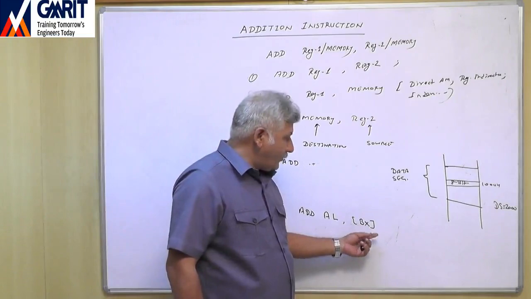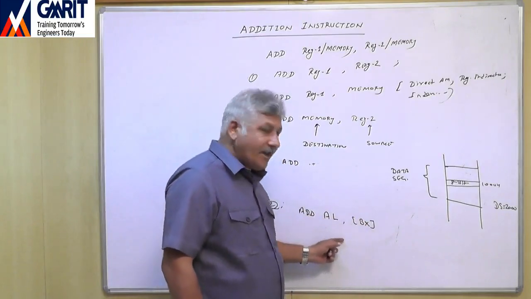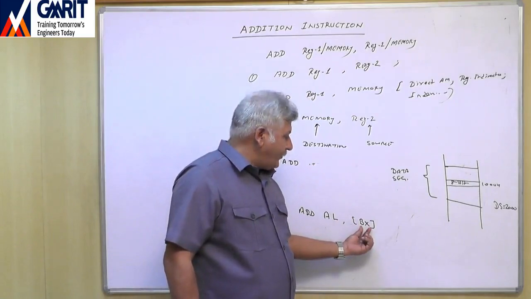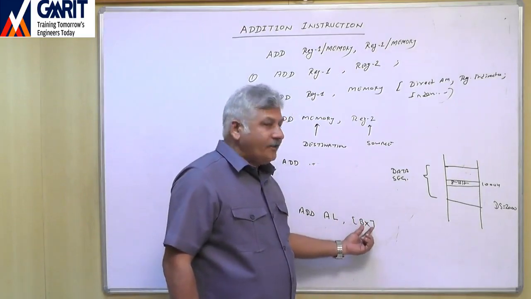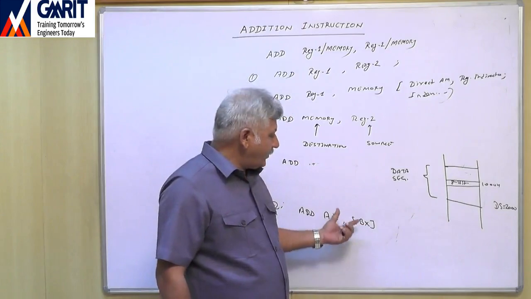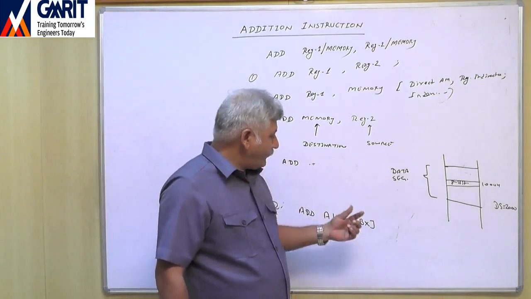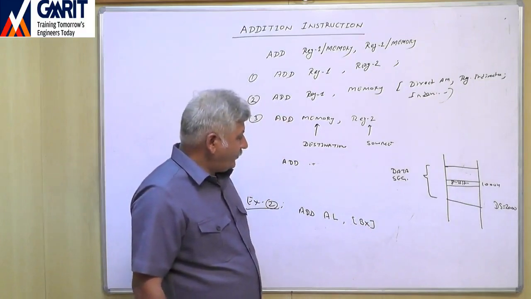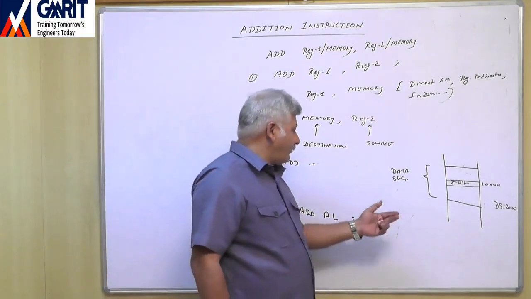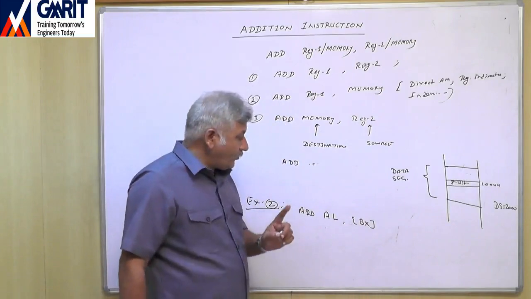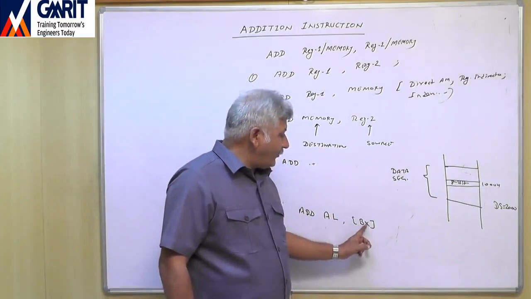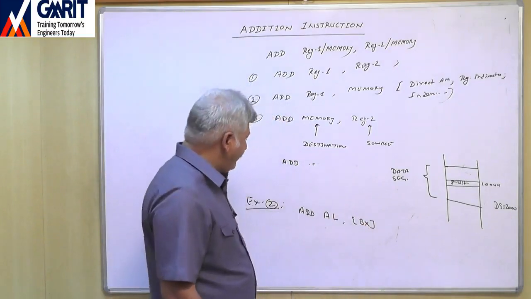So this is the example of register indirect addressing mode. The offset address is in BX and it is in the data segment because the default segment for the BX register is the data segment. So the content from the memory whose offset address is in BX in the data segment will be added with AL.